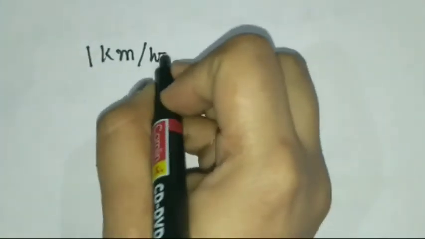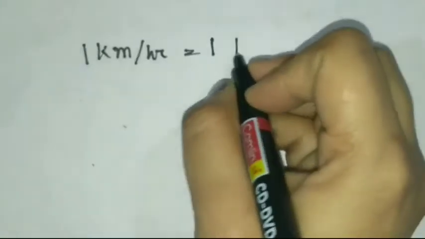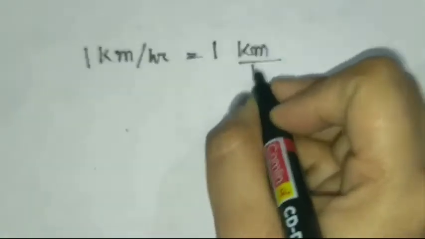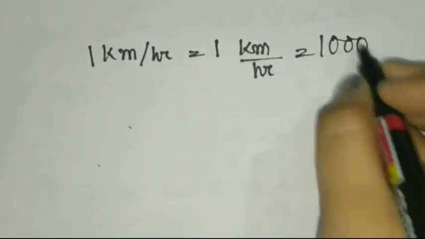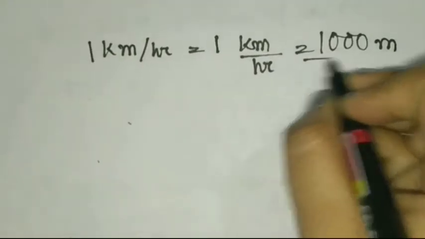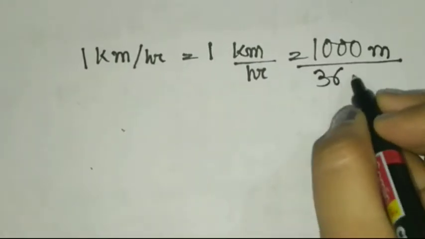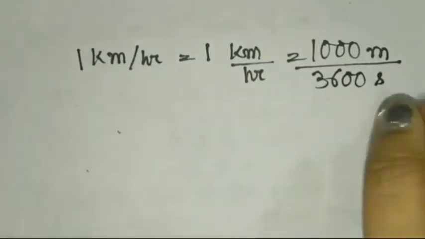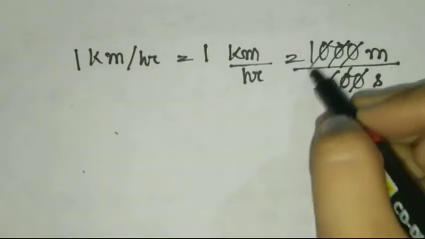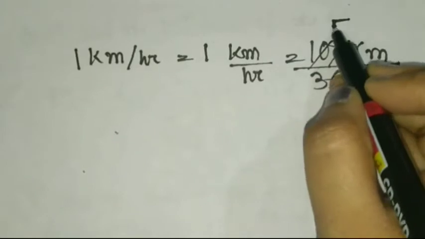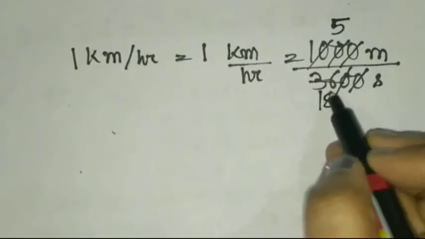Let us see how to convert kilometer per hour to meter per second. 1 kilometer per hour can be written as 1 kilometer by hour, which equals 1000 meter, and 1 hour equals 3600 seconds. On cancelling, we will get 5 by 18.